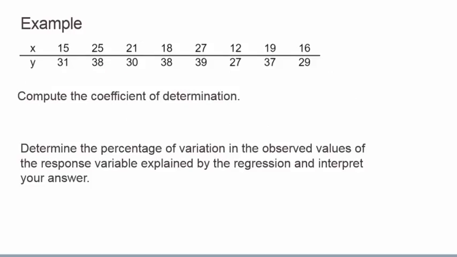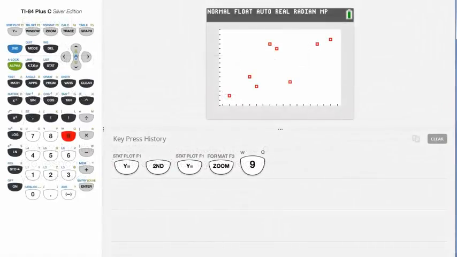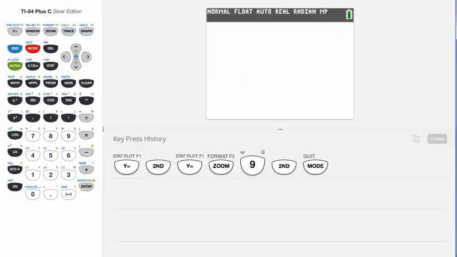Continuing with our example, we now want to compute the coefficient of determination, which is R squared. We want to do this in our calculator. In order to calculate the coefficient of determination, I need to have my data in L1 and L2, which I do. Second, Quit gets me out of my graph.